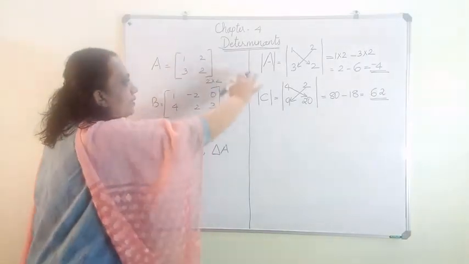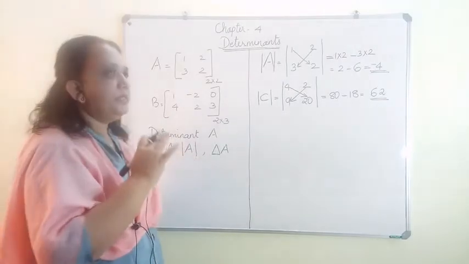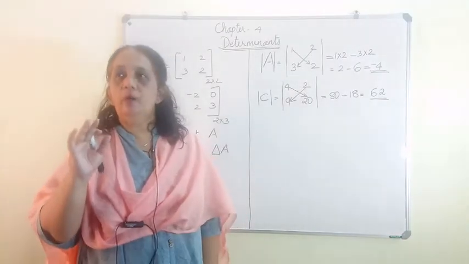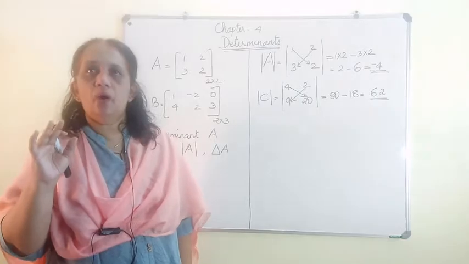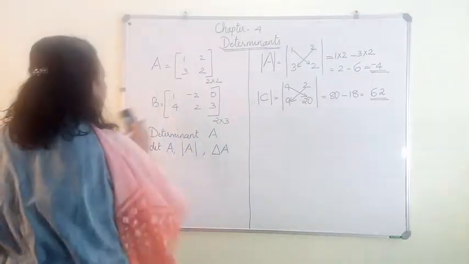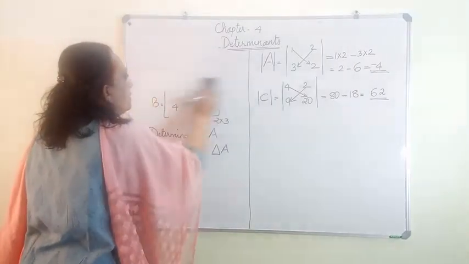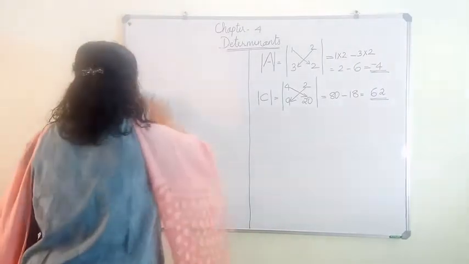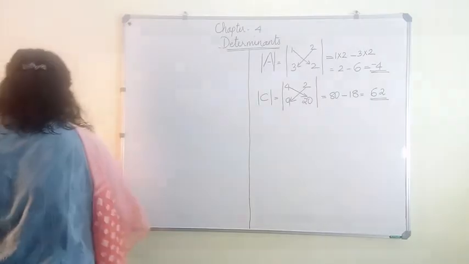Now, all these examples I have taken for determinant of order 2. Now, we will go for determinant of order 3. What will be the value of the determinant if the matrix is of order 3? Let us consider a simple example.